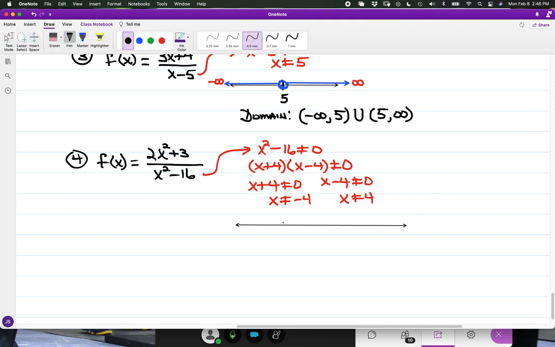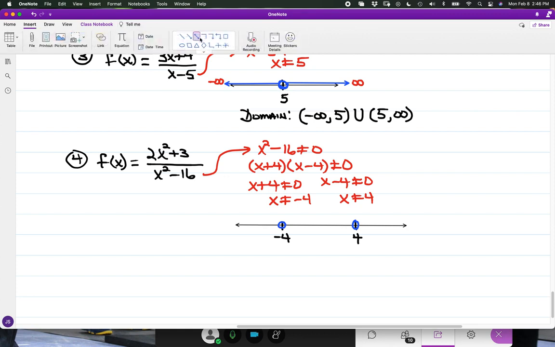So we have our excluded values of negative and positive 4. Again, if I were to graph, or symbolize the exclusions, I would just have holes on negative and positive 4. And everything else would be in the domain.